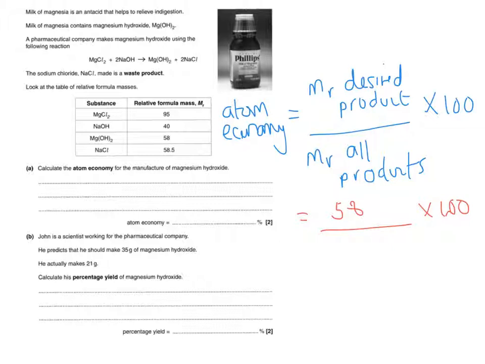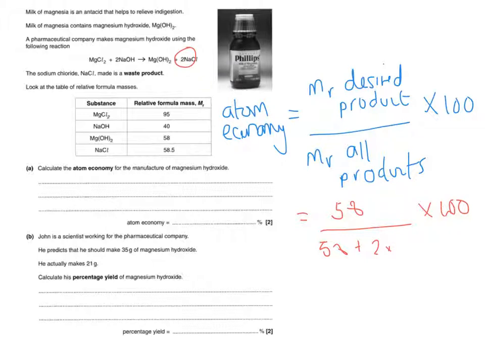That's going to be divided by the mass of all of the products. So all of our products is 1 magnesium hydroxide and 2 lots of sodium chloride. The mass of all the products is then the mass of the magnesium hydroxide, 58, plus 2 lots of sodium chloride.